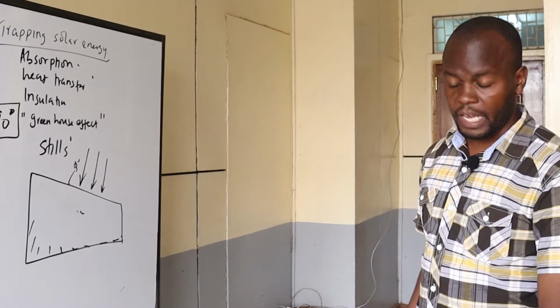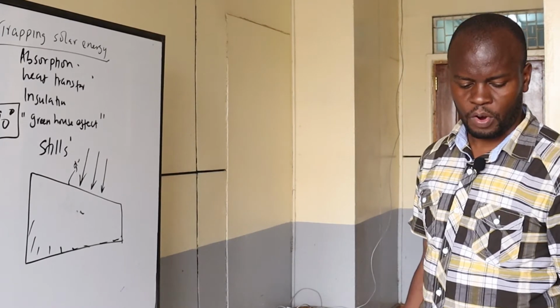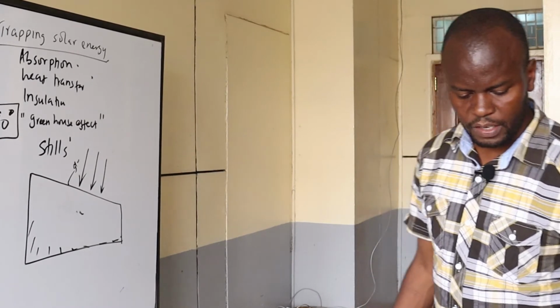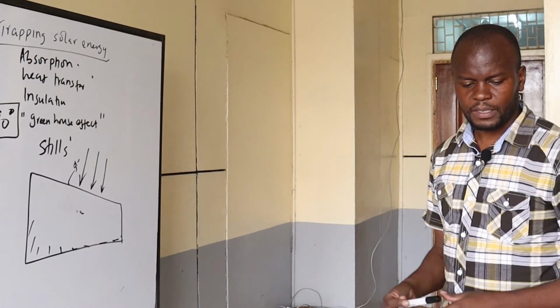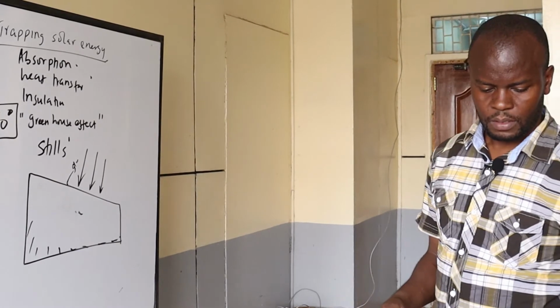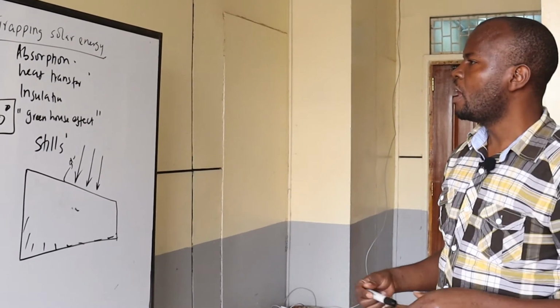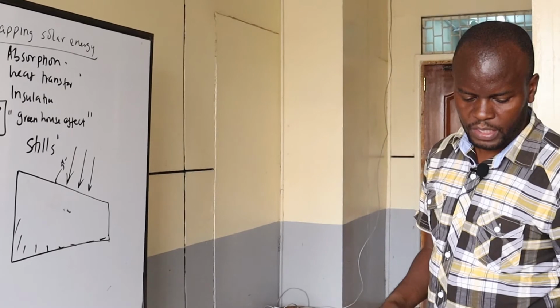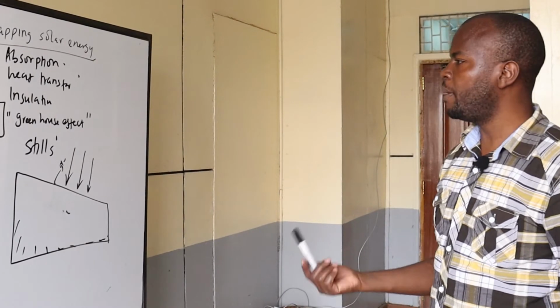Water heating collectors transfer heat from the absorber plate to water flowing through the pipes attached to the absorber plate. So that is how the solar water heater works, especially with reference to the plate collector.